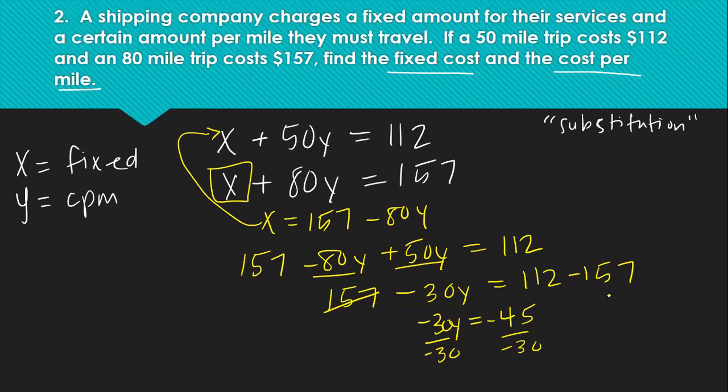So the cost per mile is 45 divided by 30, which equals, in terms of money, $1.50, right? So instead of 3.5, we write it as $1.50. So now we know that the cost per mile is $1.50.